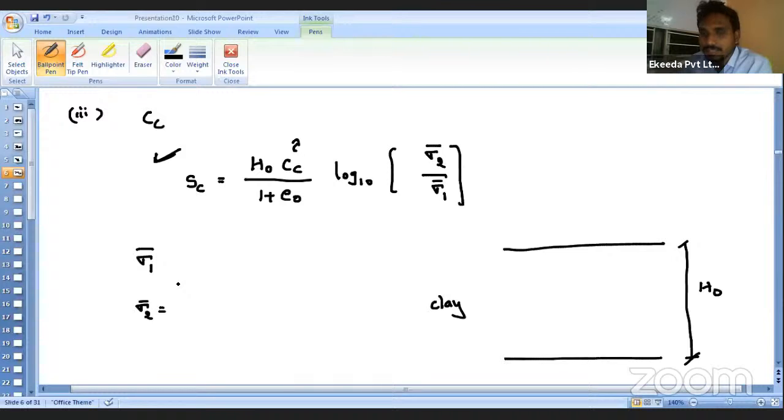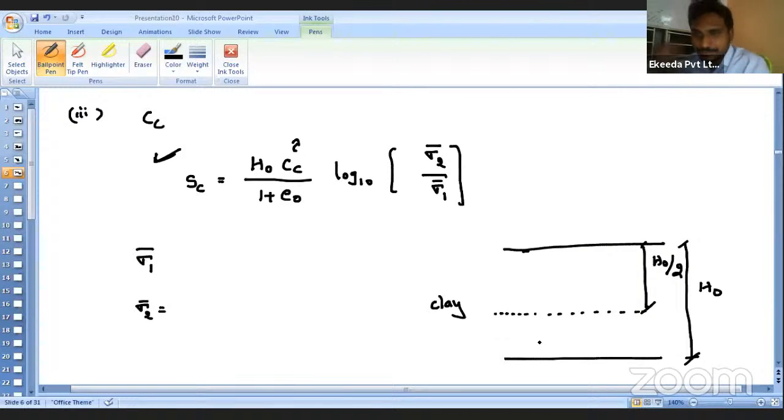Wherever you want to find the settlement, here the settlement happening in the clay soil, you always have to take the effective stress at the center of the clayey layer, that means at this level, at H naught by 2 from here. This is a very important point. You should not take it at the top, and also not at the bottom of the clay soil. Always find the stresses at the center of the clay soil.